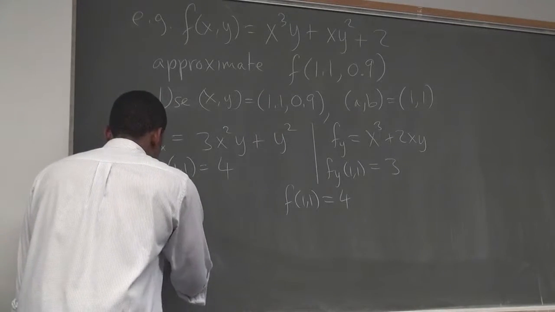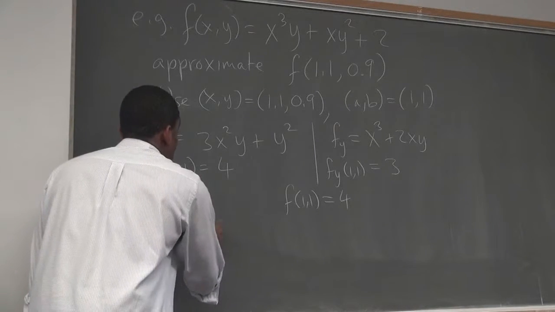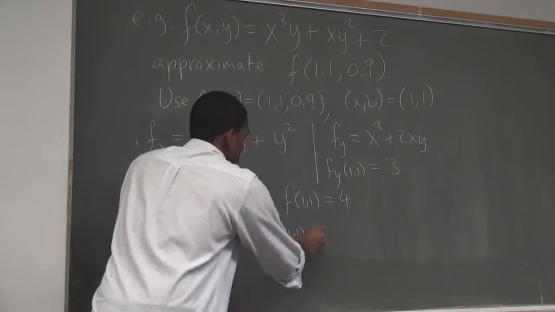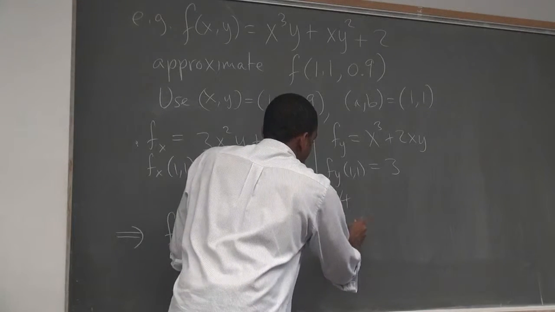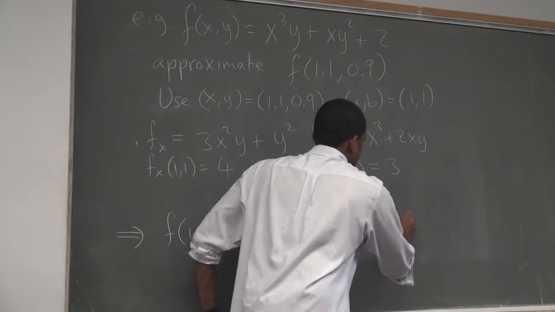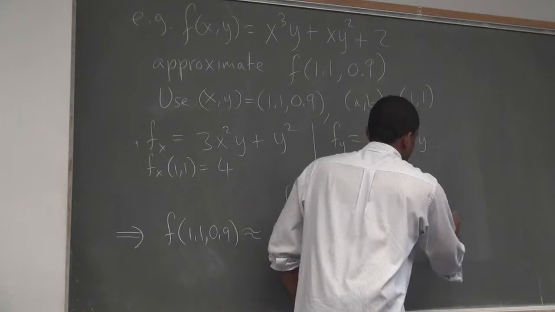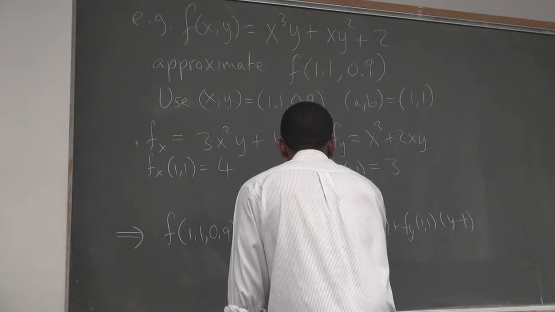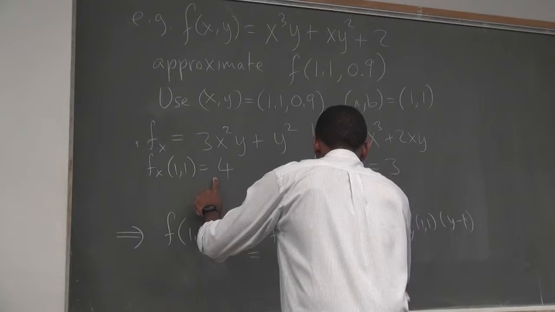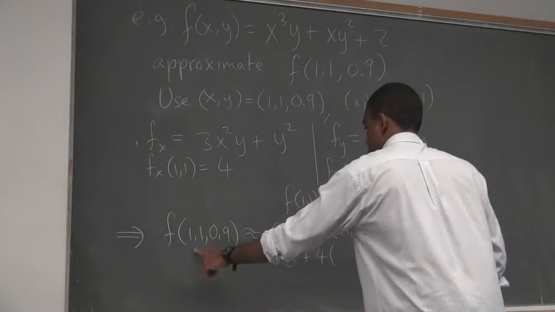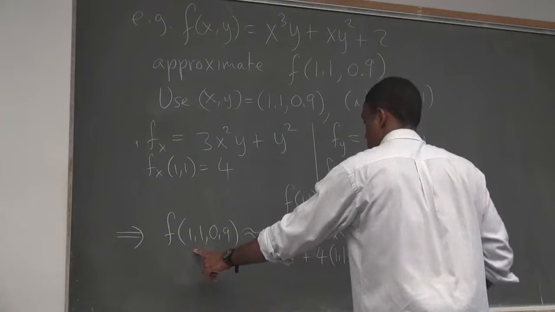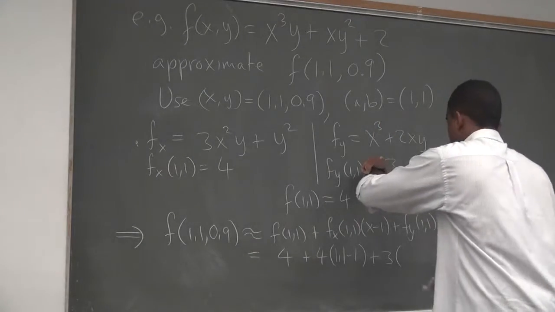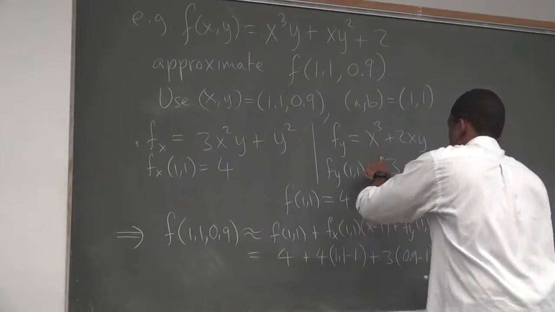This means that f of 1.1, 0.9 is approximately equal to f at 1, 1 plus the partial with respect to x at 1, 1 times x minus 1 plus the partial with respect to y at 1, 1 times y minus 1, which is going to be 4 plus 4 times 1.1 minus 1 plus 3 times 0.9 minus 1.